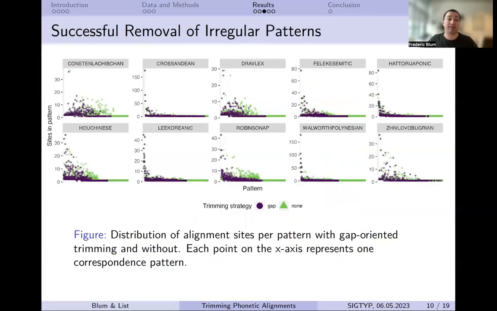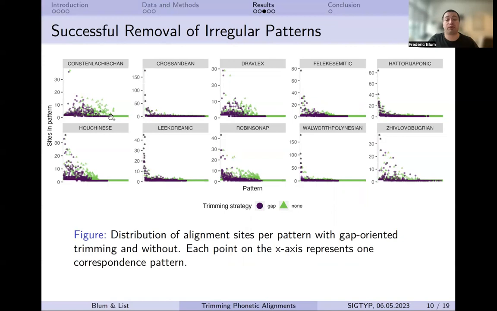Further, we can see that we successfully remove the amount of irregular patterns. By comparing the gap-oriented trimming to the correspondence patterns without trimming, we see for each data set that the amount of correspondence patterns is reduced. So we have individual correspondence patterns on the x-axis and their value on the y-axis, reflecting the amount of alignment sites that they include. We can observe two facts from this plot.